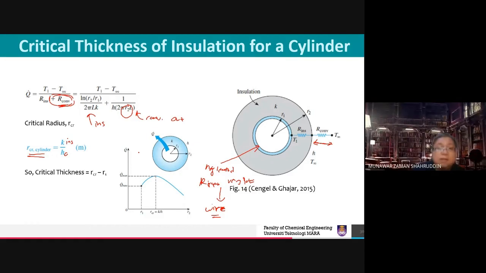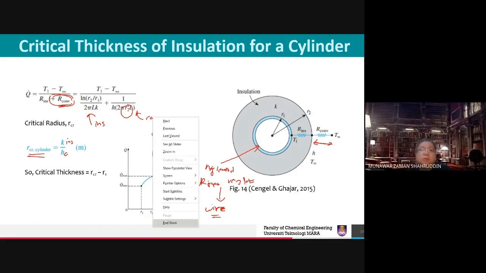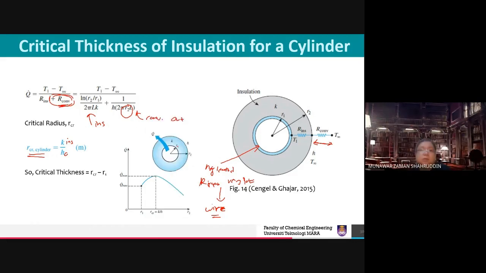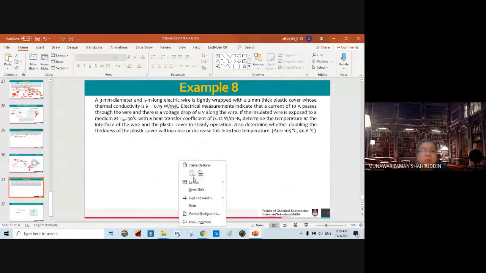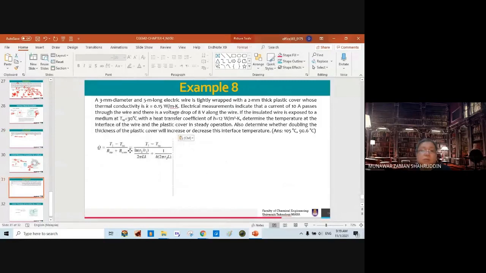T1 is the inner surface. Then T infinity, which is T surrounding, or T out. So we take it here a bit. Put this one here, easier.